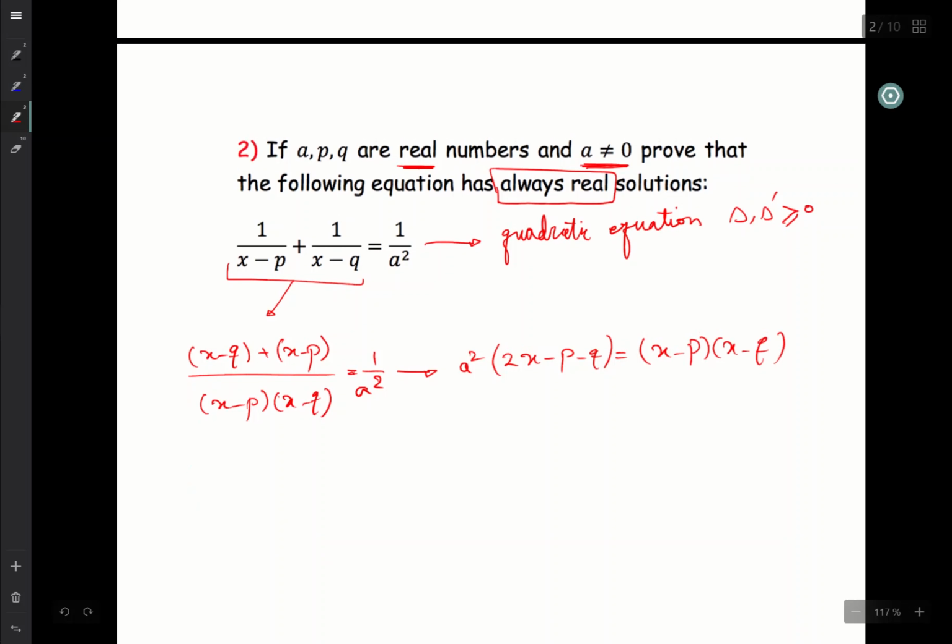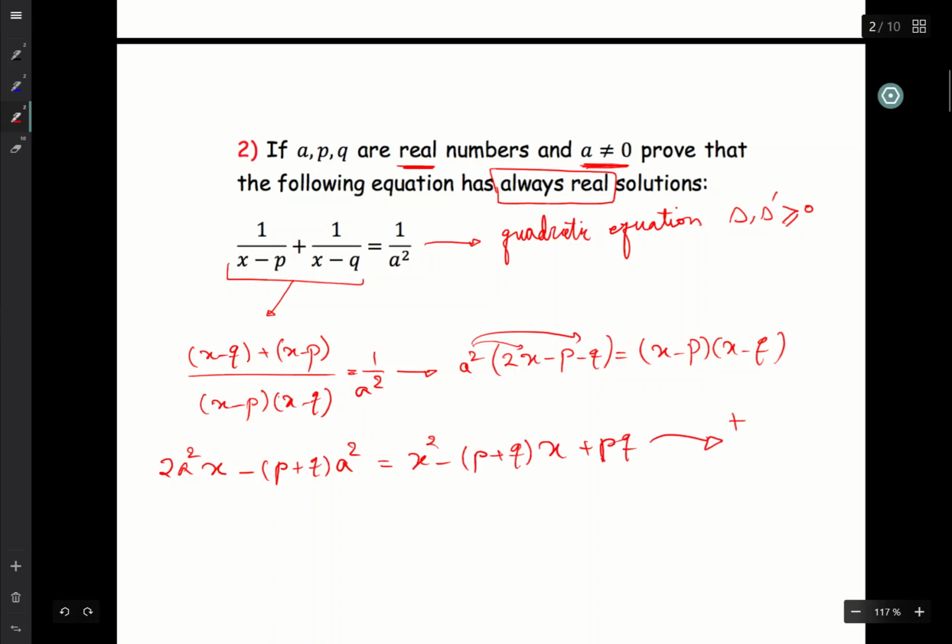So 2a squared x minus p plus q times a squared. I'm just simplifying the left hand side. And the right hand side is x squared minus p plus q times x plus pq.